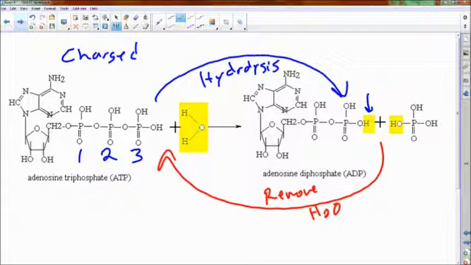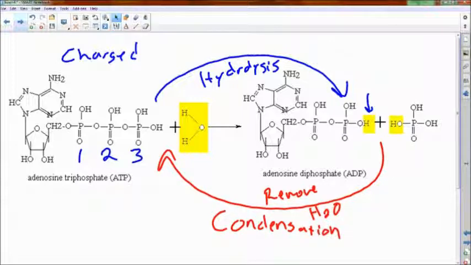And if you remember, we call that condensation. So condensation reactions will take an ADP, uncharged, and a phosphate group, cram them together, and a water molecule comes out. If we want to split them apart, we add a water molecule, we do hydrolysis, they come apart, and energy is released.